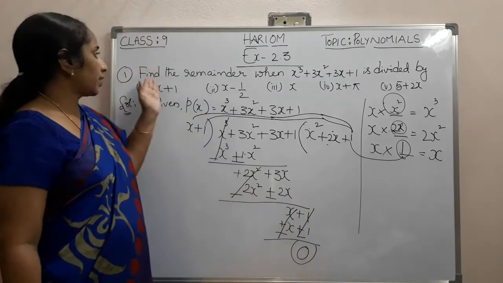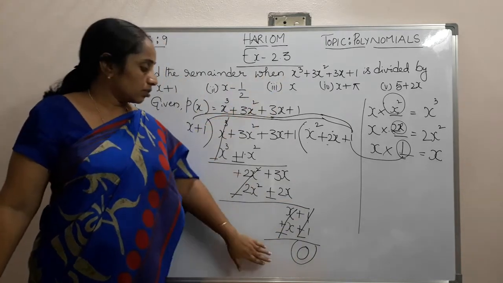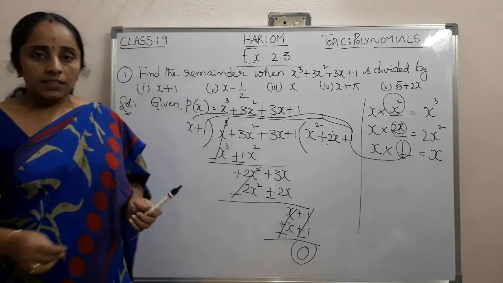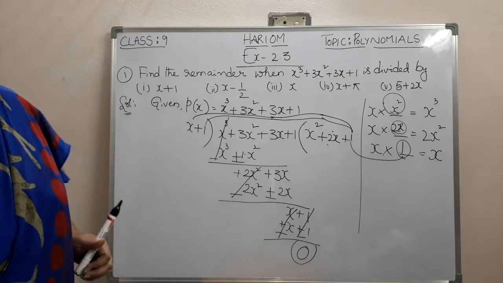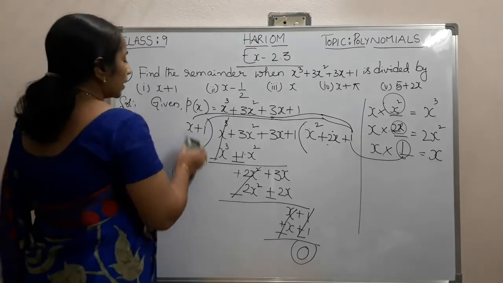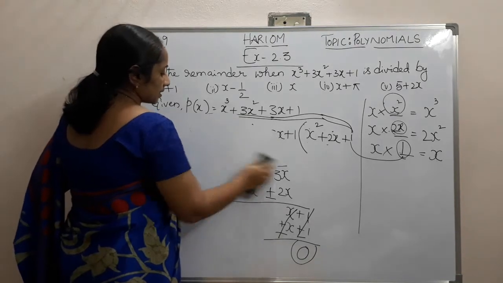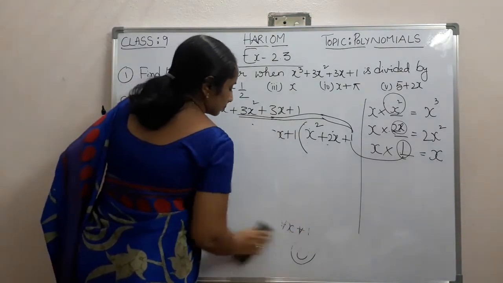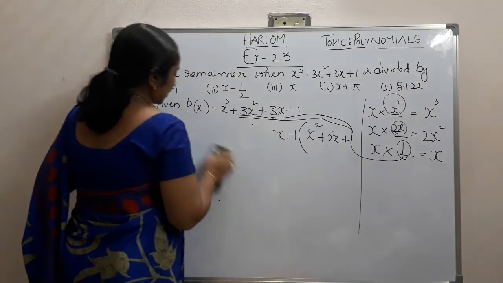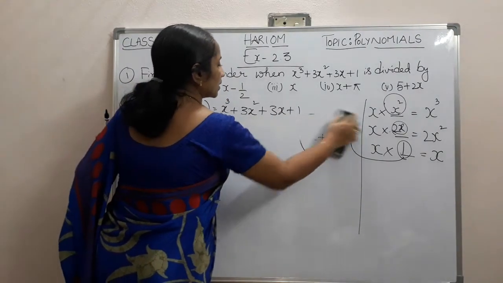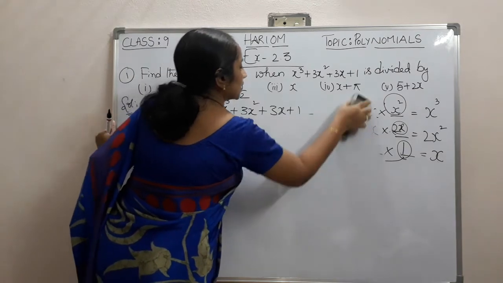They asked you to find the remainder. So finally here the remainder is this one. The same we are doing by using remainder theorem, as I explained in earlier class also, how to use a remainder theorem.